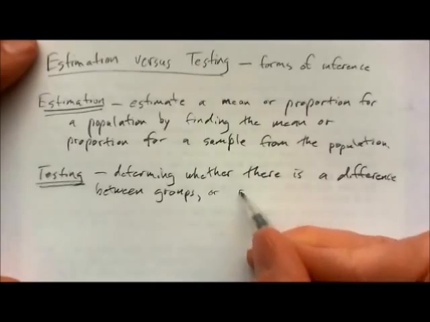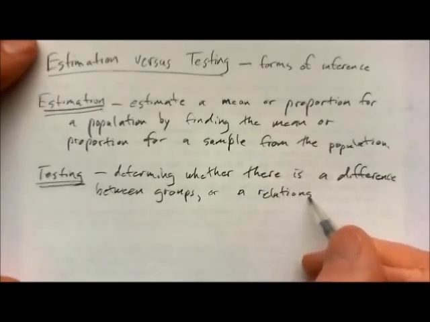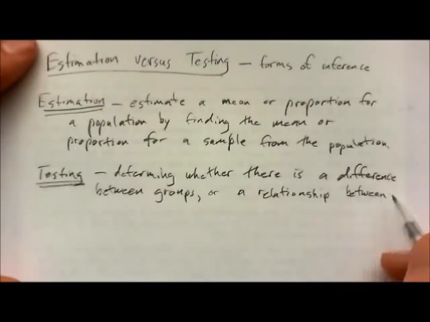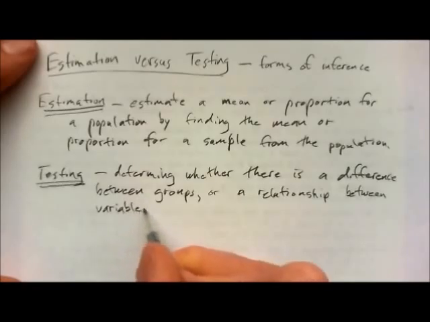Or a relationship between variables. And again, it's oftentimes between two variables, but it can be done with more variables. We won't be doing that. We'll be using two variables at the most.